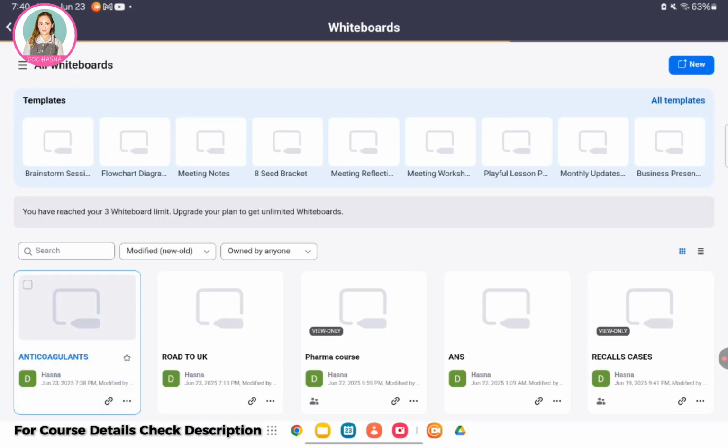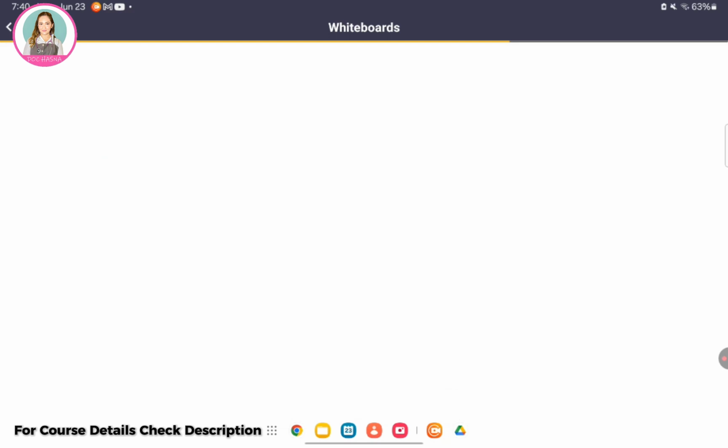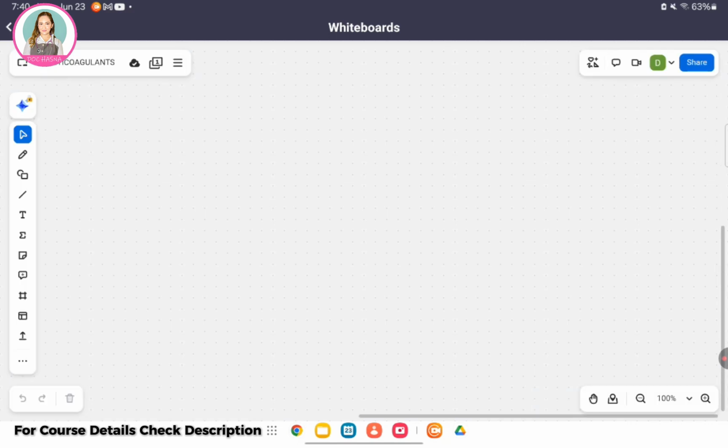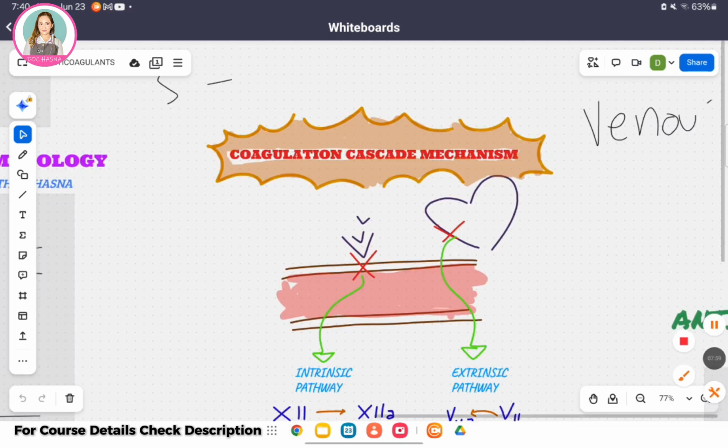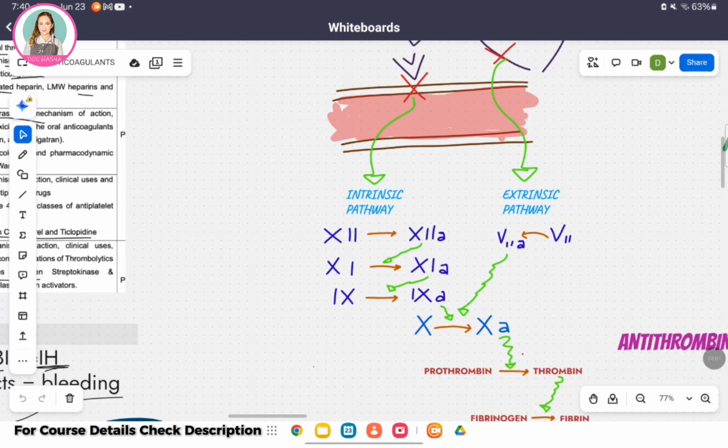It's like a plug, right? That clot is formed by various mechanisms. Remember, in arterial circulation there are more platelet-dominated clots, whereas in venous circulation you'll have more fibrin-dominated clots. Let me explain that to you.